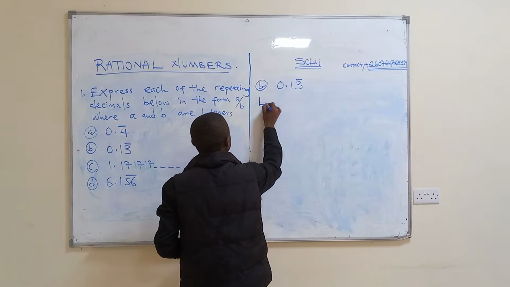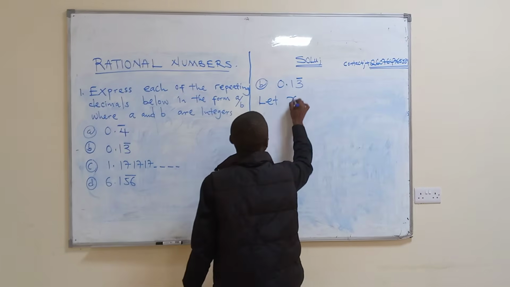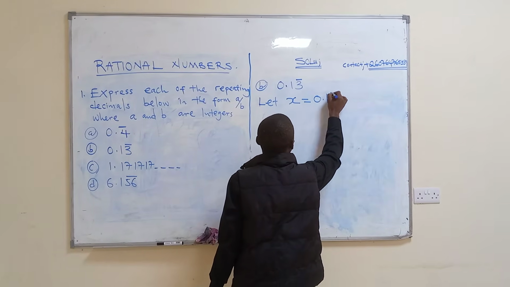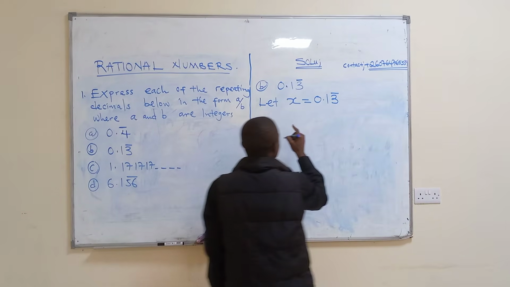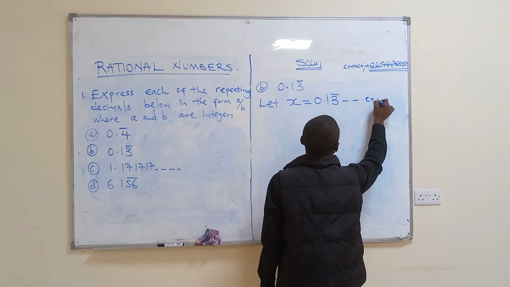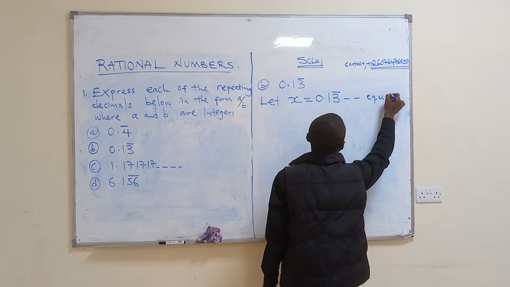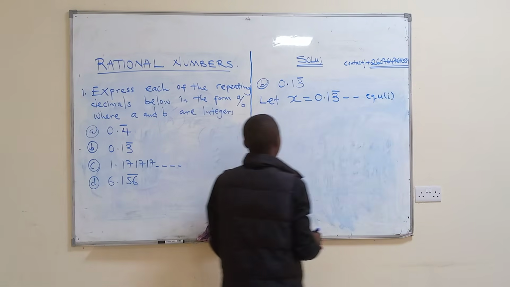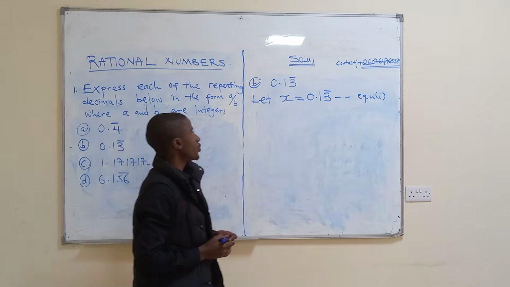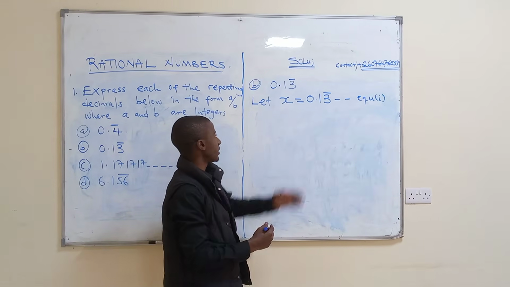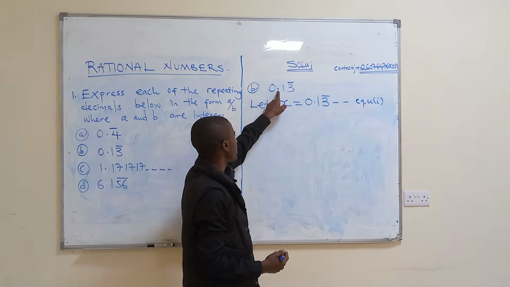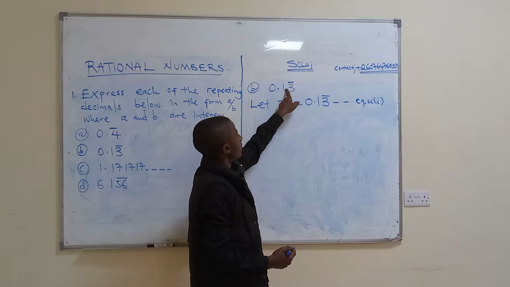So say let x equal 0.13 with a bar. This one is going to be equation 1. Now, what we are going to do is multiply equation 1 by 10 on both sides, so that we can move the decimal point to the next digit.